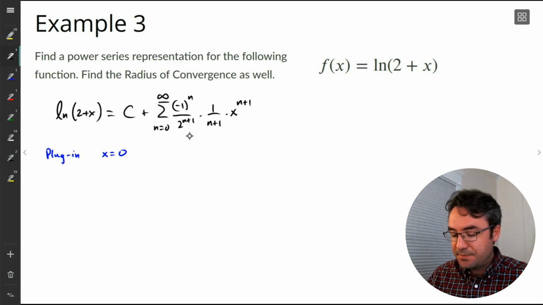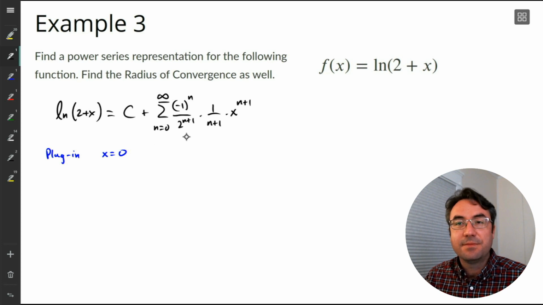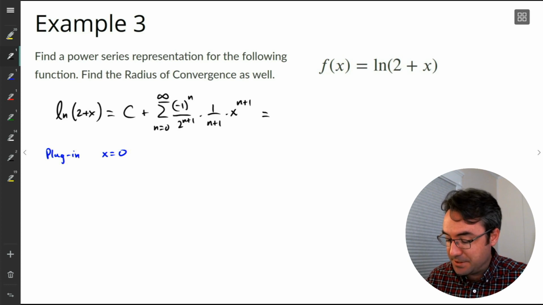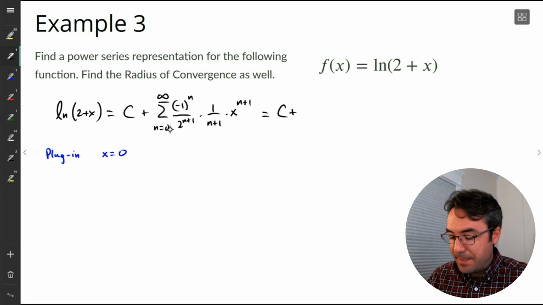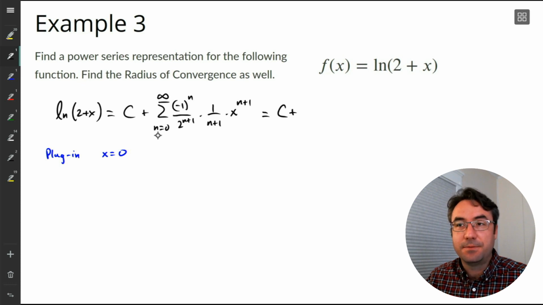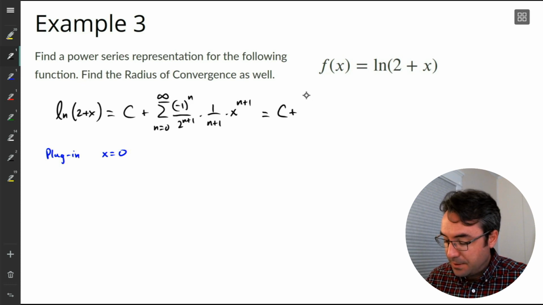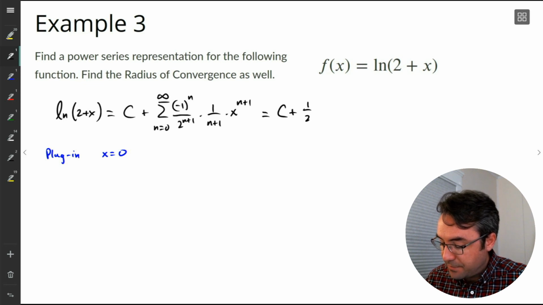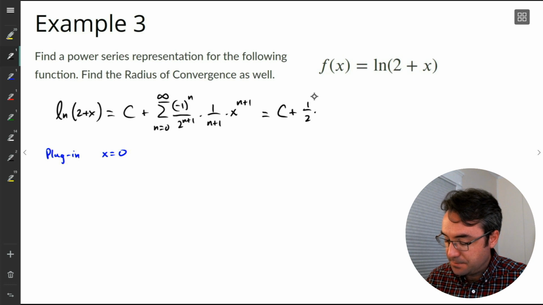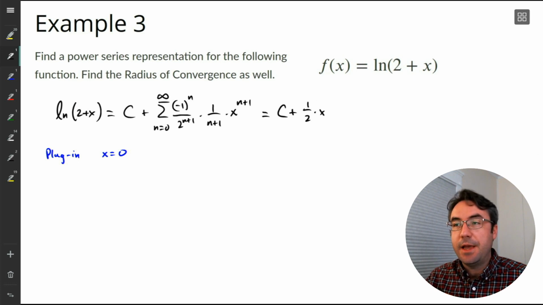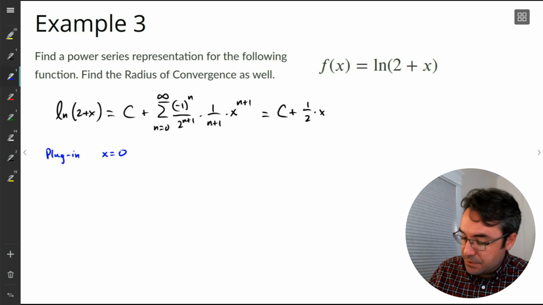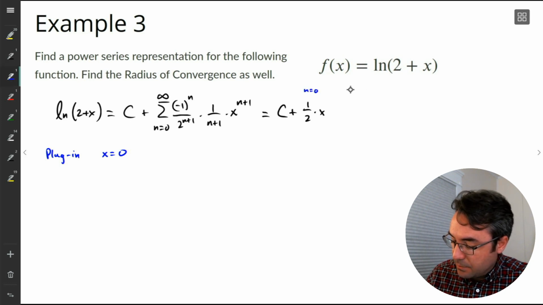And to really emphasize this, let's write out the first few terms just to see what's going to happen. So we have c, and then what happens when n is 0? What is the first term there? Well, we're going to have 1/2 times x. And so this is our n equals 0 term. What about n equals 1?